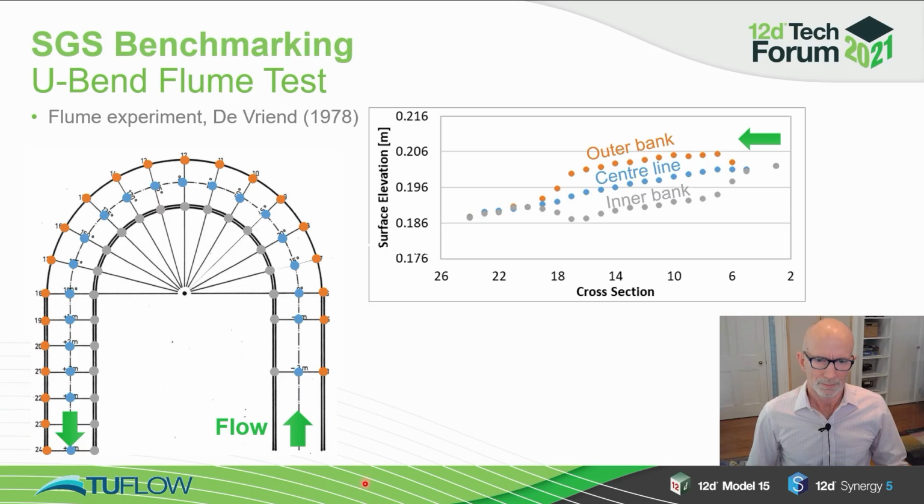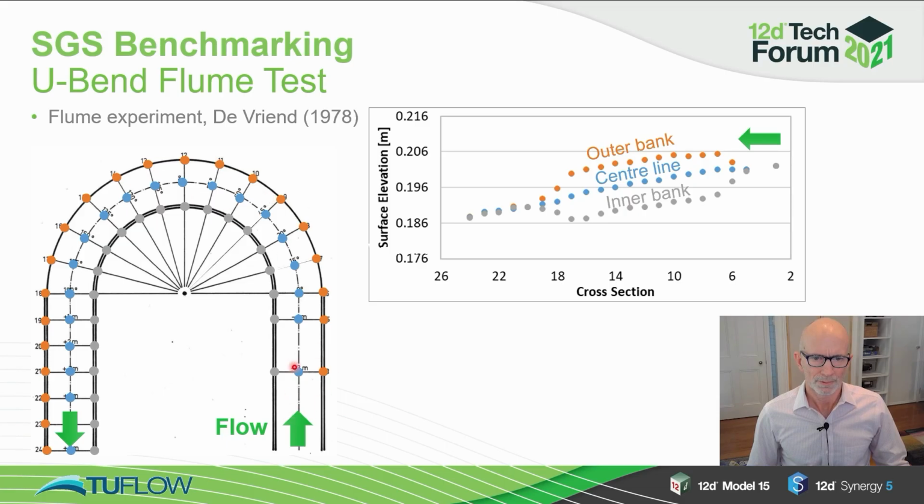So what they measured were the water levels, among other things, at each of these dots. They measured the water levels on the outside of the bend, the orange dots, water levels on the inside of the bend, the grey dots, and water levels down the centre. The flow is going from right to left on this chart, and what you tend to see is on the outside of the bend, the water level tends to be higher, so that's around here.